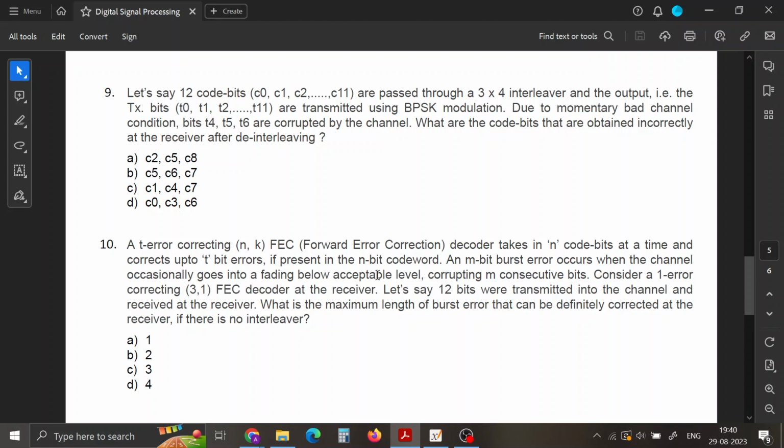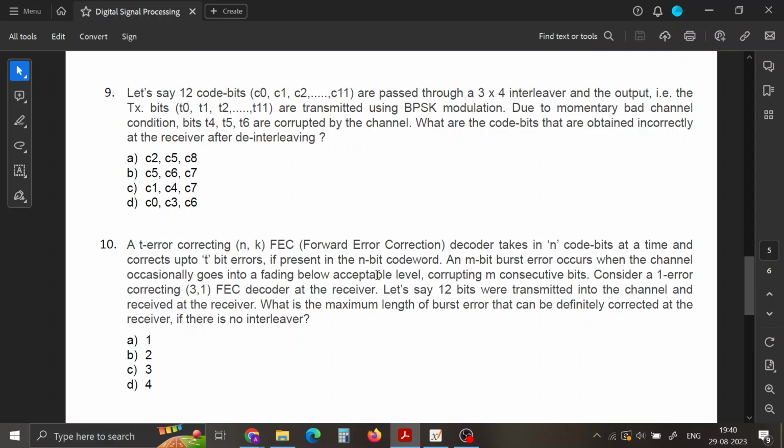Now the channel turns out to be bad momentarily, as a result of which three transmitted bits, T4, T5 and T6, get corrupted. Let's say if they were 0, they get changed to 1.